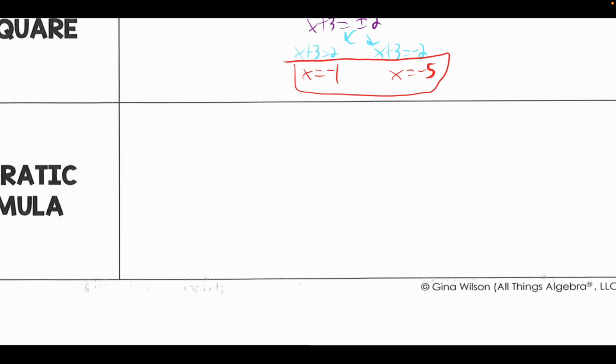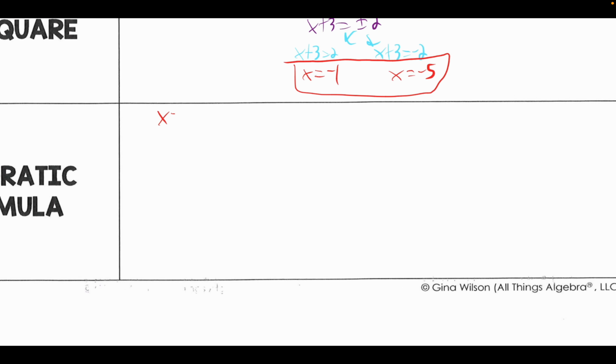And that's my nice quadratic formula. So once again, my quadratic is x squared plus 6x plus 5 equals 0. So I'm going to plug this into my quadratic formula, which is x equals negative 6 plus or minus the square root of 6 squared minus 4 times 1 times 5, all over 2 times 1.